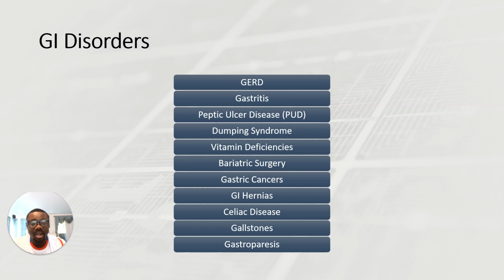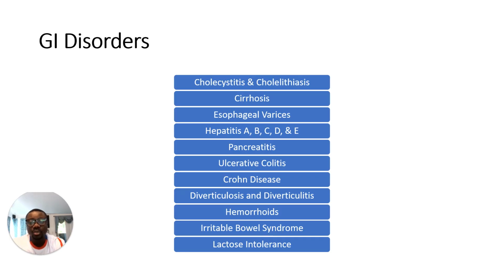You have celiac disease, you have gallstones, you have gastroparesis, you have cholecystitis and cholelithiasis, you have liver cirrhosis, you have esophageal varices, you have hepatitis. Now, it is a big continuum of different diseases of the same category. You have hepatitis A, B, C, D, and E. Then you have pancreatitis, you have ulcerative colitis, you have Crohn's disease.